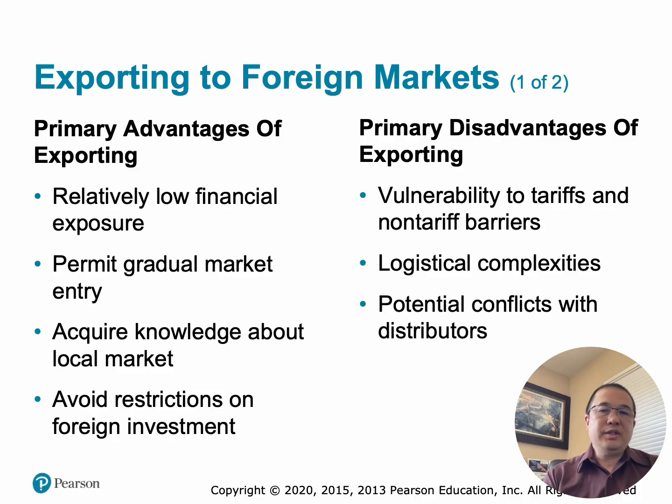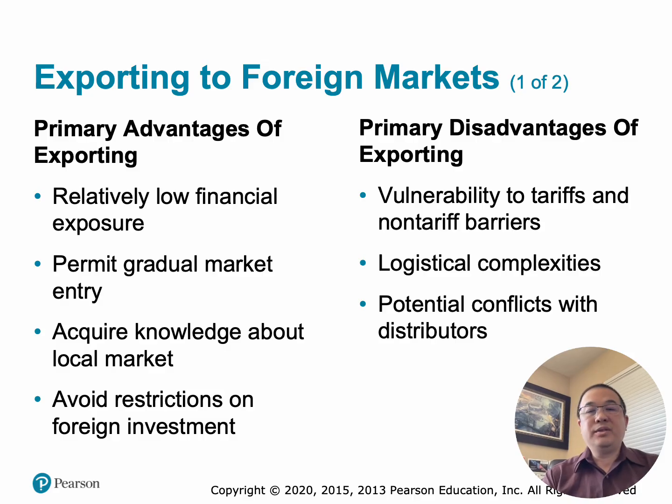Number two, logistical complexities. Selling internationally creates transportation and supply chain challenges. Examples are shipping delays, customs clearances, inventory management, international documentation, and currency issues. So the risk is increased operational complexity.